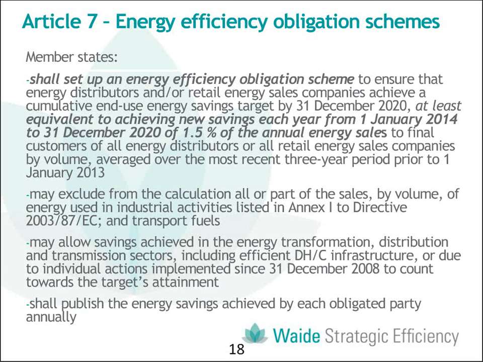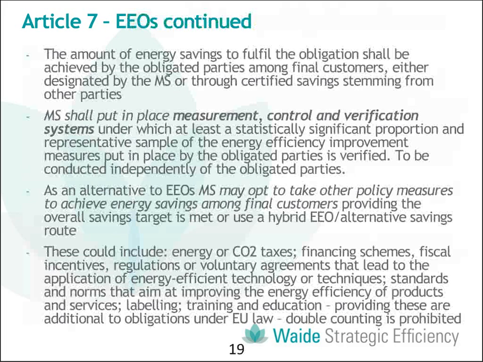Along with this, the member states are required to publish the energy savings achieved by each obligated party annually. Now, the savings to be achieved under this obligation are among the final customers, and they can either be designated by the member states in how it's to be done, or they can be done through certified savings stemming from other parties.